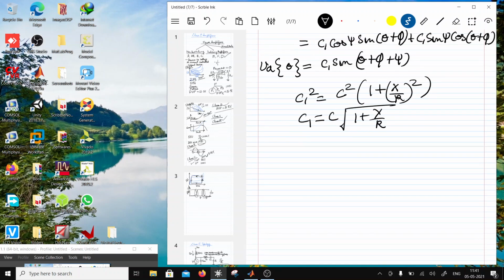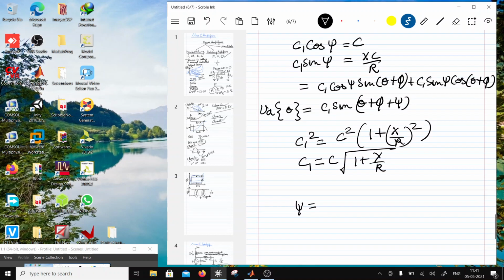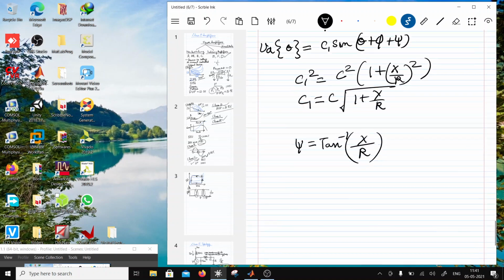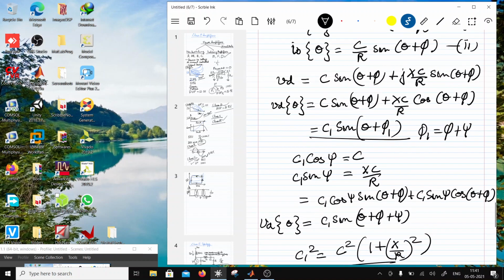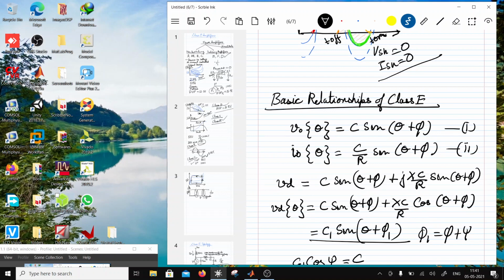Right? And then xi will be equal to sine by cos, so tan of xi will be tan inverse of x by r. Correct? So this is the waveform at the drain, right? And this is the waveform at the load.